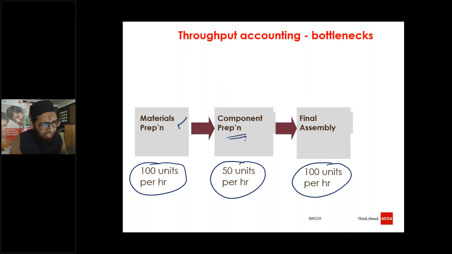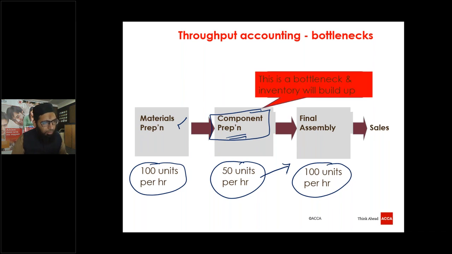Similarly, although final assembly has the capacity to produce 100 units in an hour, this department will receive only 50 units per hour. So the final assembly can only process 50 units each hour. That means my production is limited by this department. Hence, component preparation will be my bottleneck.